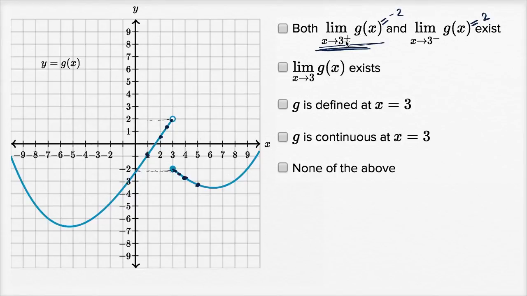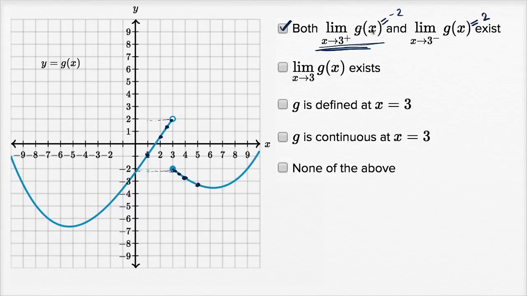So both of these limits, the limit from the right and the limit from the left, exist. These are the one-sided limits. This is the actual limit. Now, in order for this to exist, both the right and left-handed limits need to exist, and they need to approach the same value.